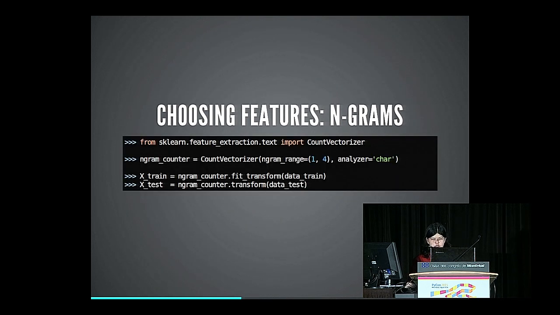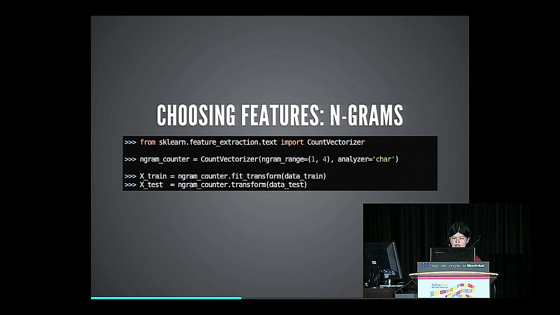So how do we extract n-grams? Again, scikit-learn provides a really useful tool for this. It's called count vectorizer. And so what we do is we initialize our n-gram counter, and we tell it what the range of n-grams we want to calculate is. So here I'm going all the way from 1 grams to 4 grams, and I'm telling it that I'm doing it on a character level.